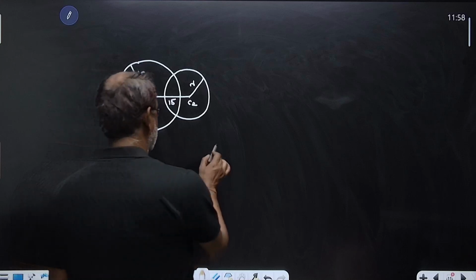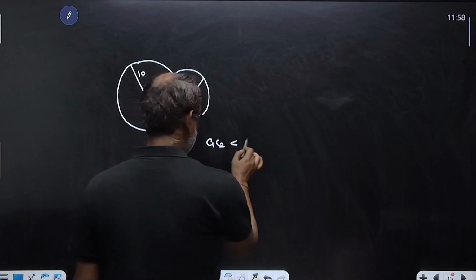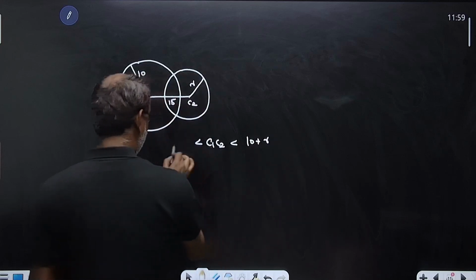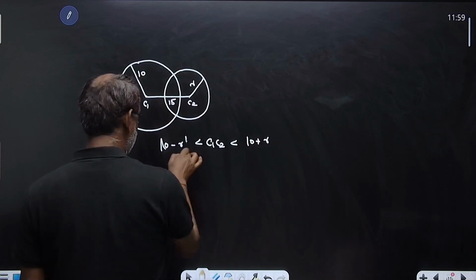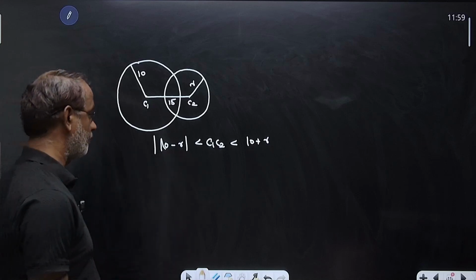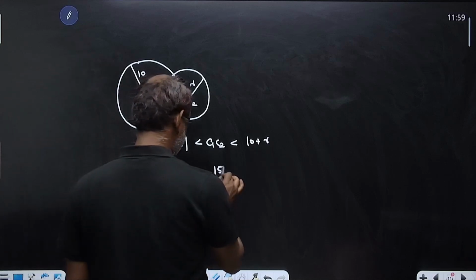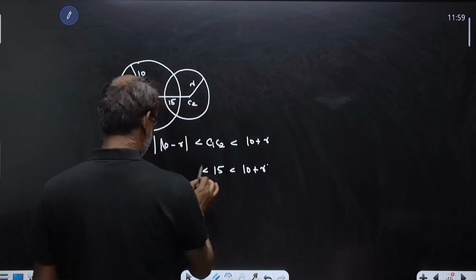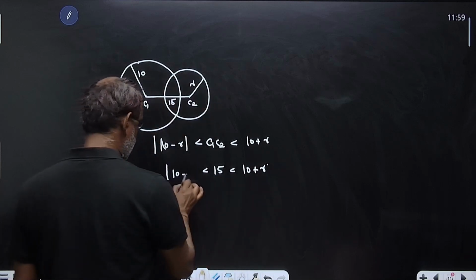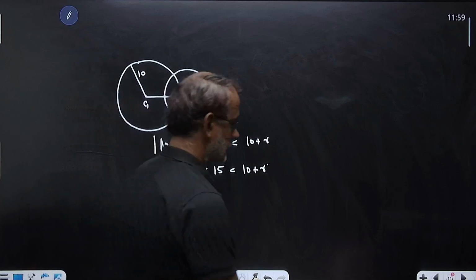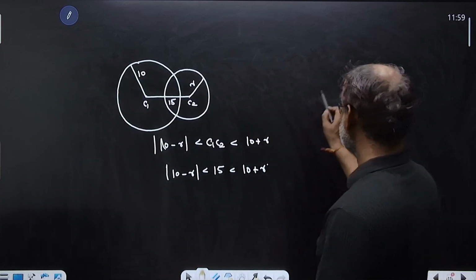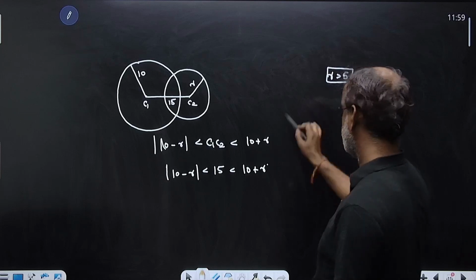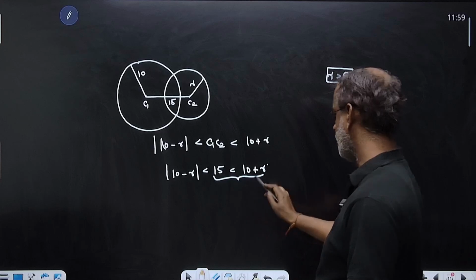So, what we are going to say is that C1C2 is less than or equal to R1 plus R2 and greater than or equal to R1 minus R2. So 15 is less than or equal to 10 plus R and greater than or equal to 10 minus R. So, we can very easily say R is greater than or equal to 5, from this inequality.